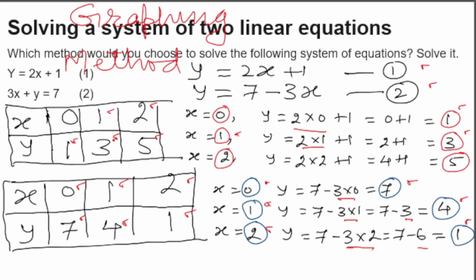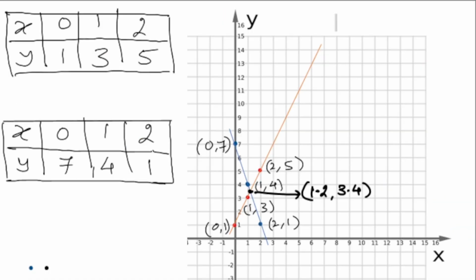So we got the three sets of values for both equations. Now we'll plot these values on the graph. So these are the two sets of values for which we have to form a graph. First of all, we will take the values of the first table, that is (0, 1), (1, 3) and (2, 5).